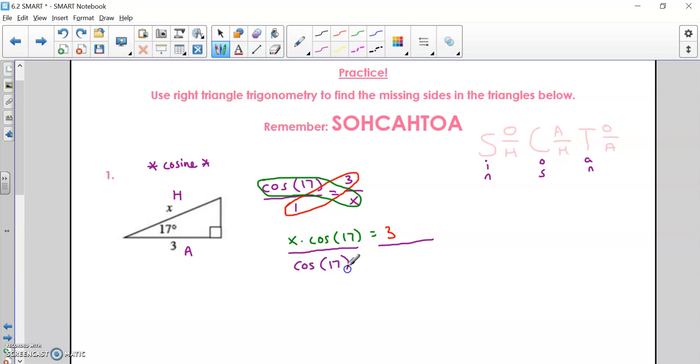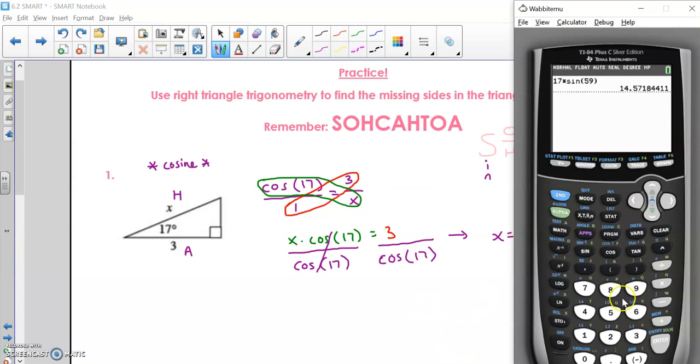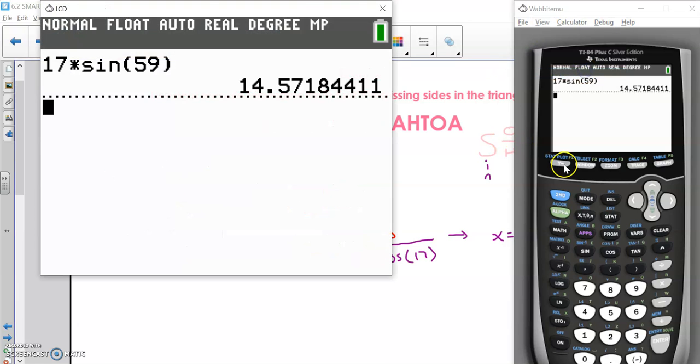And cosine of 17 just represents a number. It just hasn't been calculated yet, so it's okay to divide by it. It's just a number. All right, so my answer is going to be whatever I get when I do 3 divided by cosine 17. So let's pull our calculator back up and type that in.